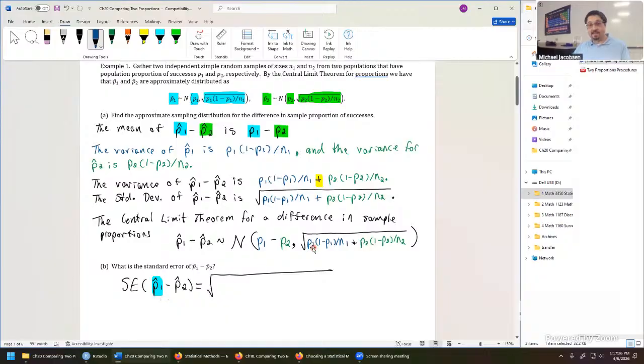We throw it in right here. Take P hat 1 times 1 minus P hat 1, divide by sample size N1, and then just do it all over again. This stuff is unknown, but we've got a ready to go estimate. That's P hat 2. So in place of the unknowns P2 and 1 minus P2, we put in P hat 2, 1 minus P hat 2, divide by N2.